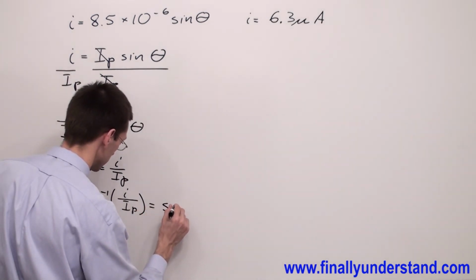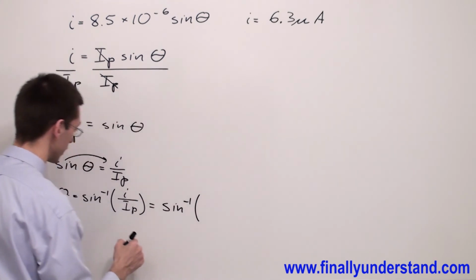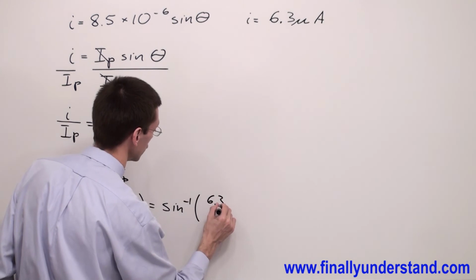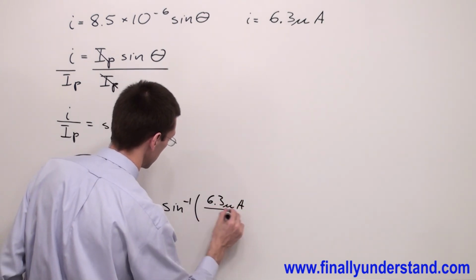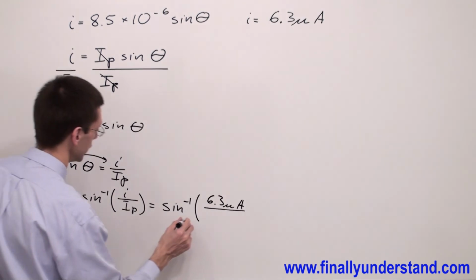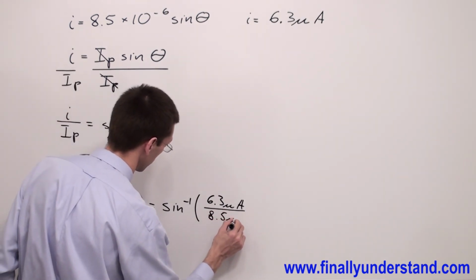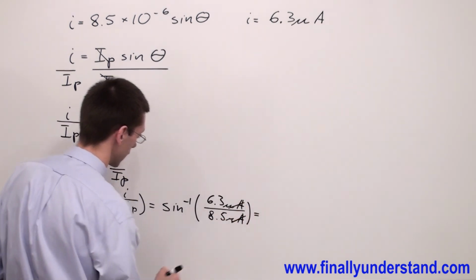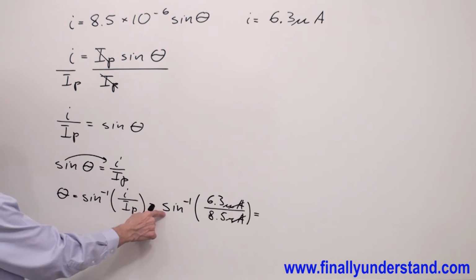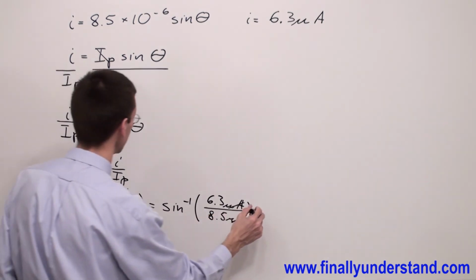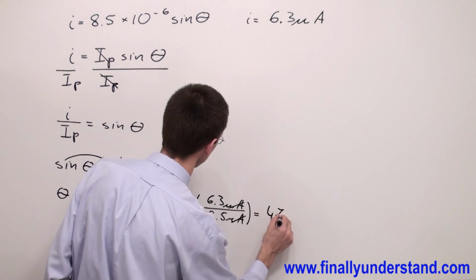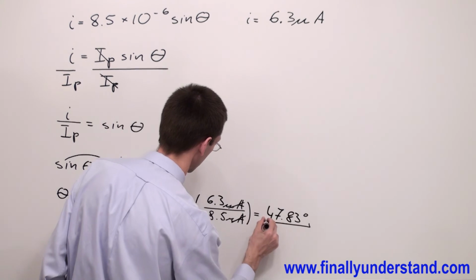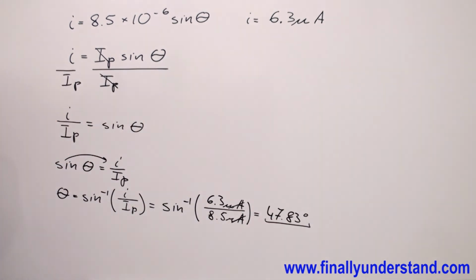Simply copy down sine inverse, and I have I, which is 6.3 microamps, divided by 8.5 microamps. Microamps and microamps will cancel out, and use the calculator, and you're supposed to get the answer 47.83 degrees. This is the angle expressed in degrees.